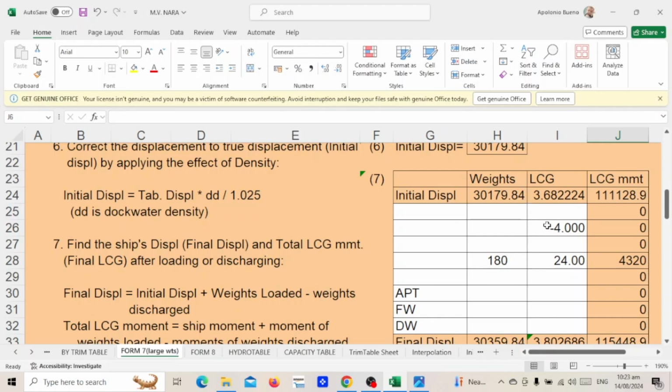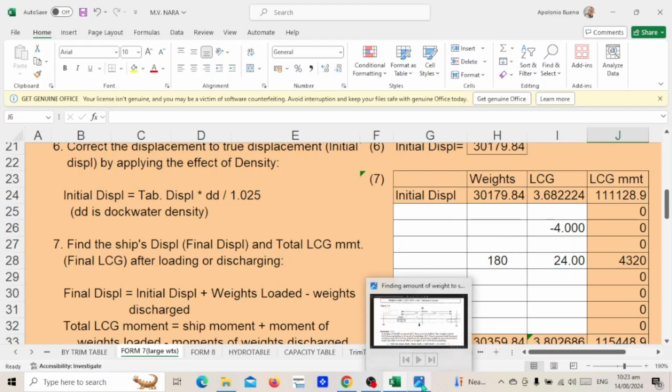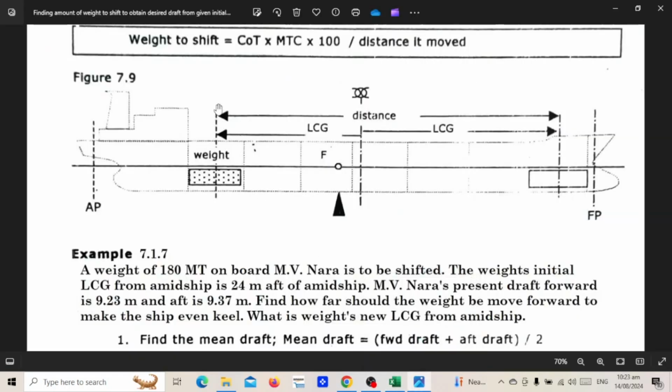You are 4 meters ahead of your amidship, so that is negative. The problem says all you have to do is shift the same weight of 180 metric tons up to this point. So you use the same weight when you shift.